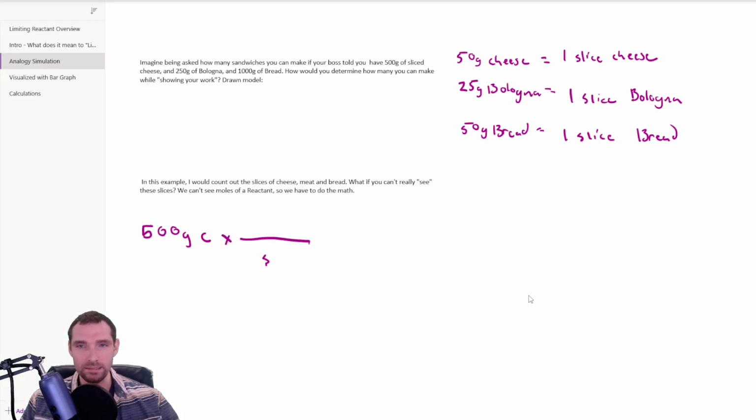I can say 50 grams of cheese is going to be one slice of C. It's also important to keep in mind that we're not just asking how many slices of cheese we have, we're asking how many sandwiches we could make with that. So let's say one slice of C is going to be equal to one sandwich.